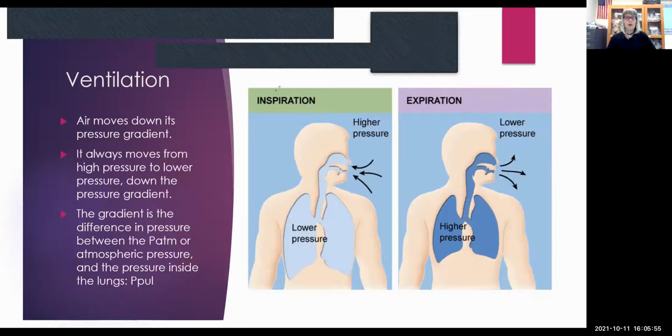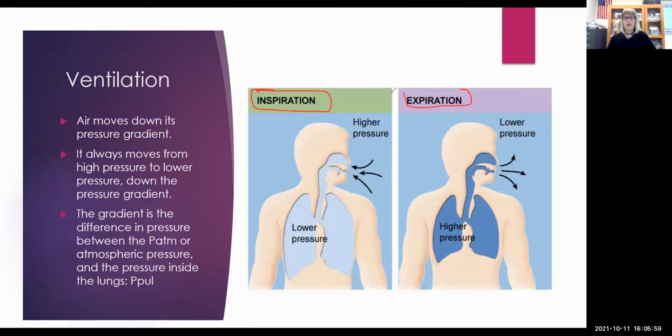I'm going to talk about inspiration and expiration. So inspiration, we're going to go from a higher atmospheric pressure outside to a lower pressure inside the lungs, which we call P-pul, pulmonary pressure. So this is the shorthand that we describe. This is the pressure in the lungs.